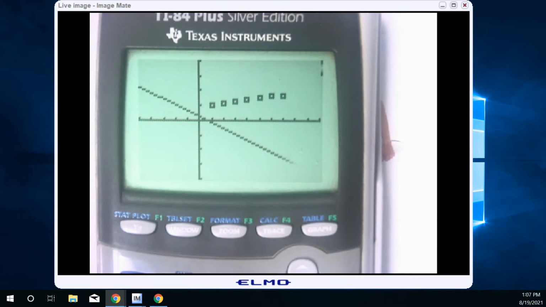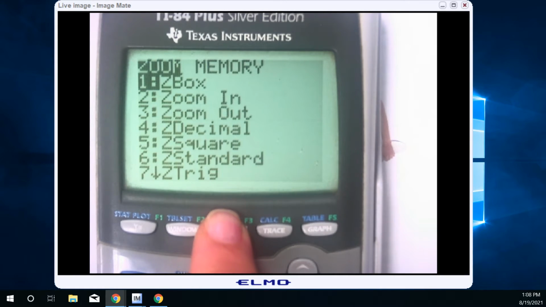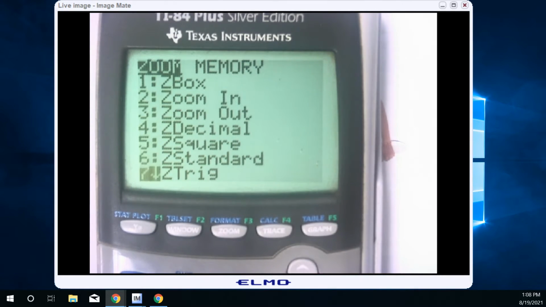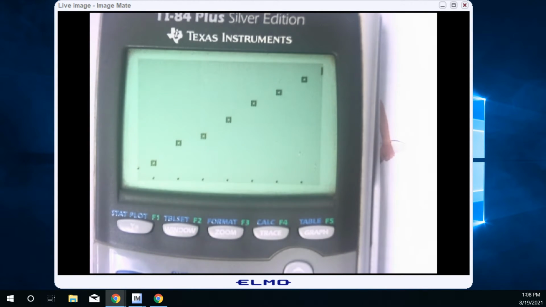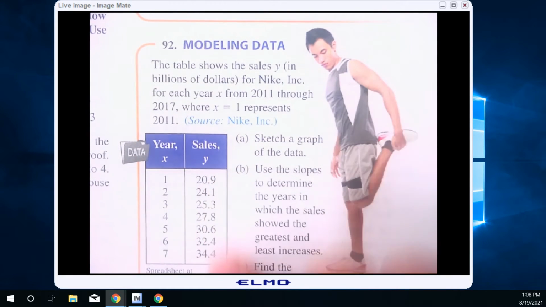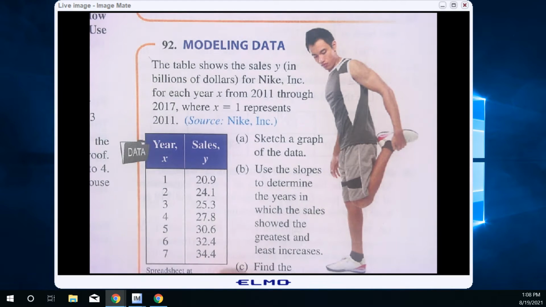And I have this going on, so I've got some issues. What about if I do zoom and arrow down to zoom stat? Have you ever seen zoom stat? Yesterday you worked on changing your window. If your window is only from -10 to 10, you are not going to see any of these points because they're at 20, 24.1, whatever.